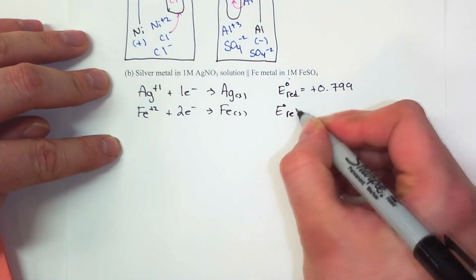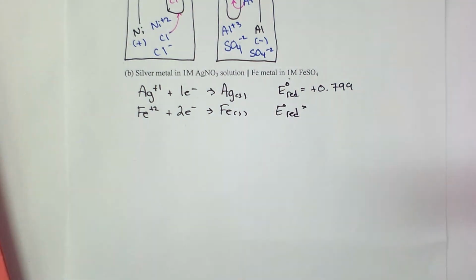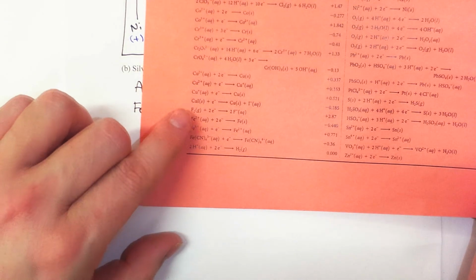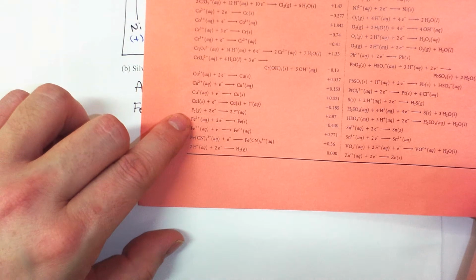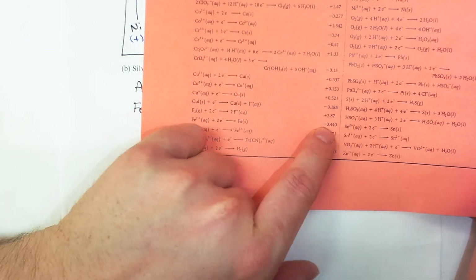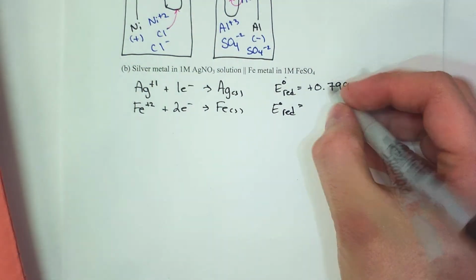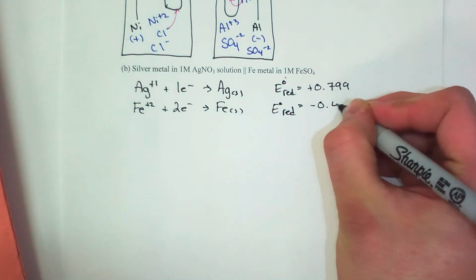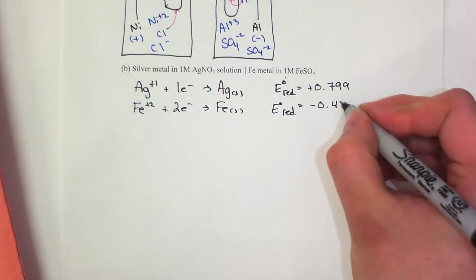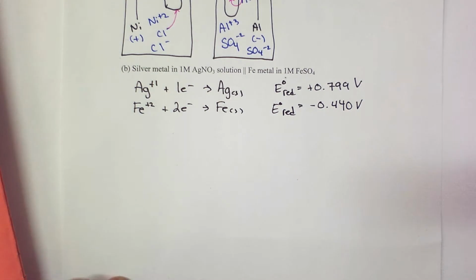The standard state reduction potential for this one, we're looking for iron plus 2. So you've got to be a little careful here. There are 2 different irons present, iron plus 2 and iron plus 3. So we've got to make sure we get the right one. Negative 0.440, and these are both in volts.